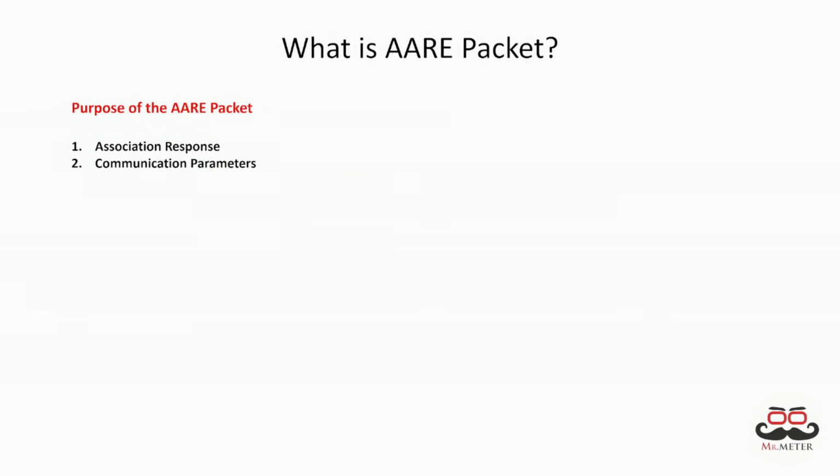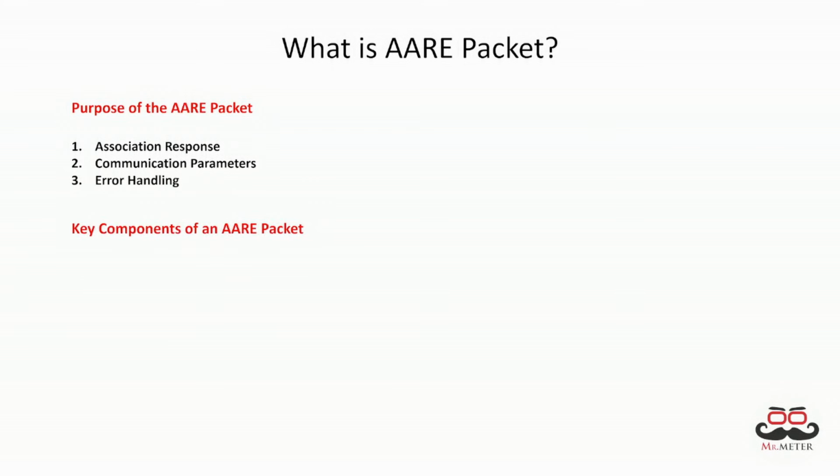Communication parameters: it contains the important parameters and settings that define how the communication session will be conducted if the association is accepted. The error handling: if the server rejects the association, the AARE packet will include information on the reason for rejecting, allowing the client to understand why the association was not established.